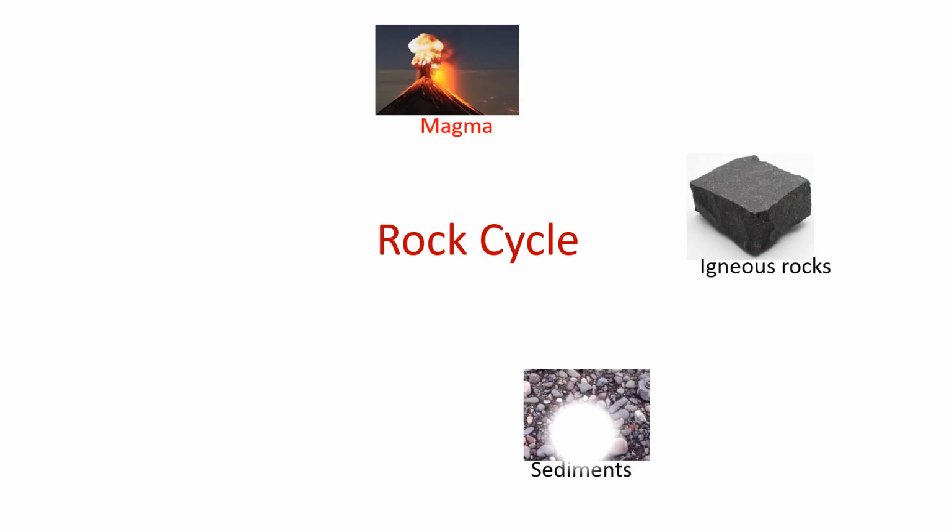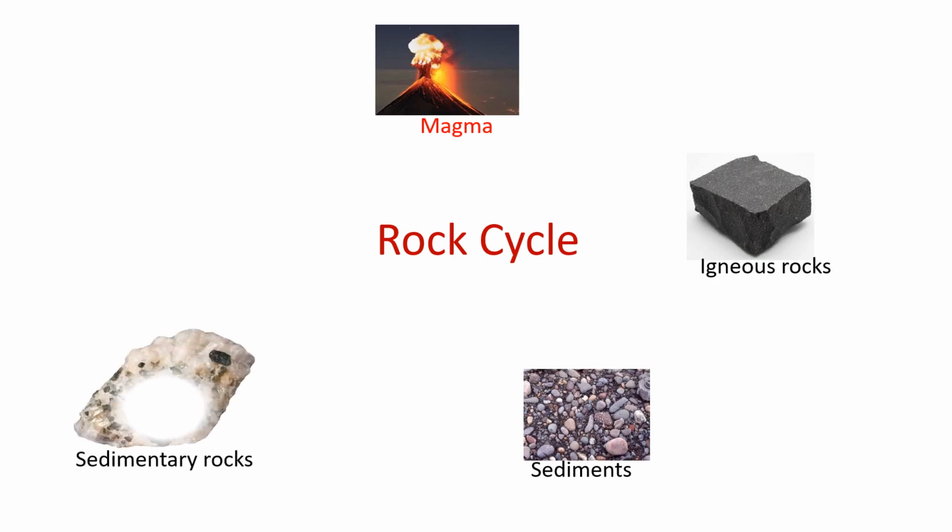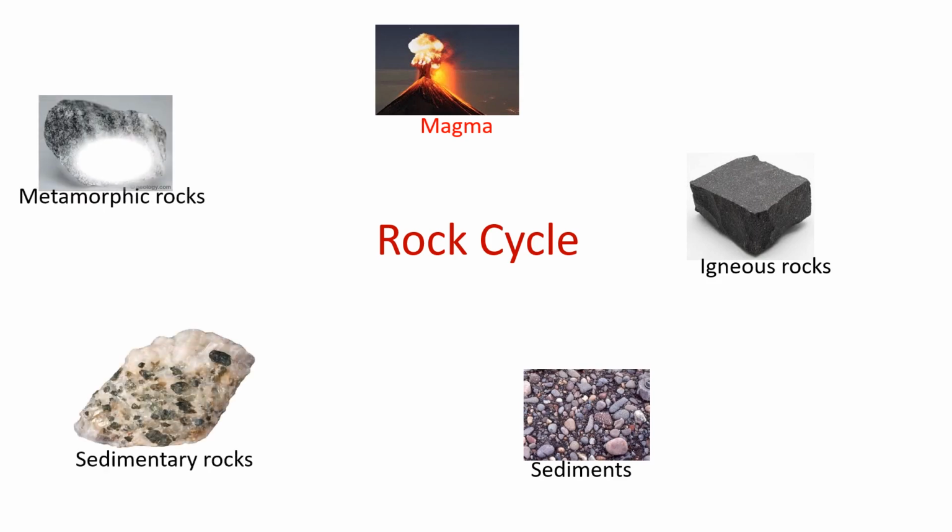Magma, igneous rocks, sediments, sedimentary rocks, and metamorphic rocks. This is a rock cycle where one rock changes and is converted into another rock. You have already learnt when the molten magma cools, it solidifies to become igneous rock.